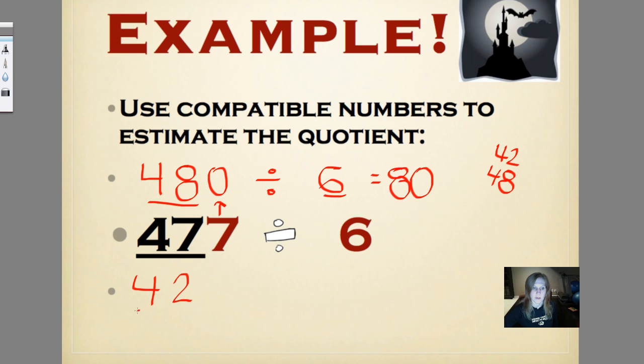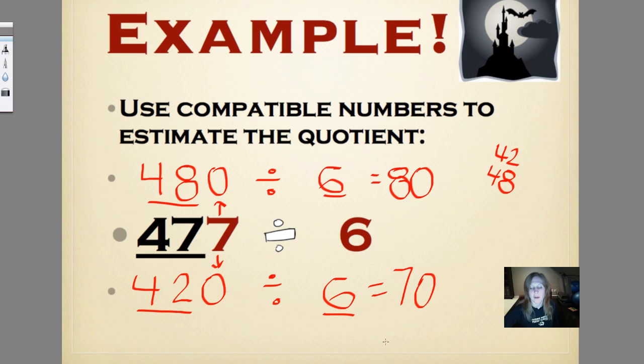42 we said was close to 47. And we'll turn that 7 into a 0. It's not underlined. Underline our non-zero digits. 42 divided by 6 is 7. And 400, oh, we've got to add our 0. We've got a 0 over there, don't we?